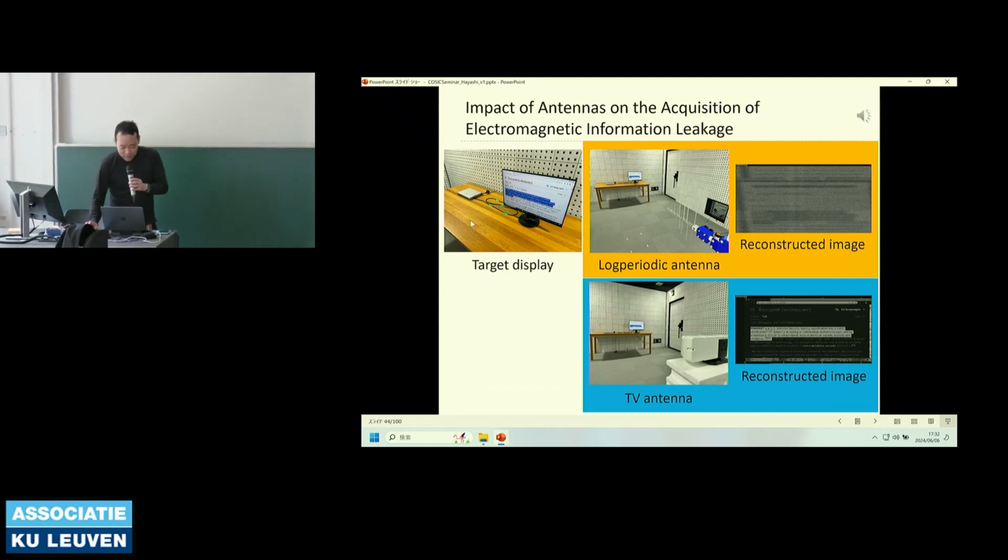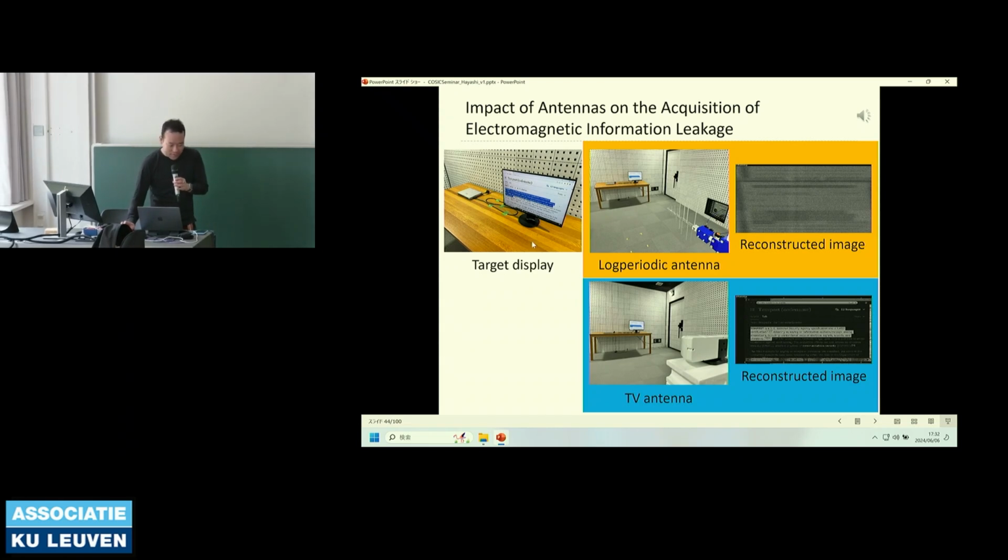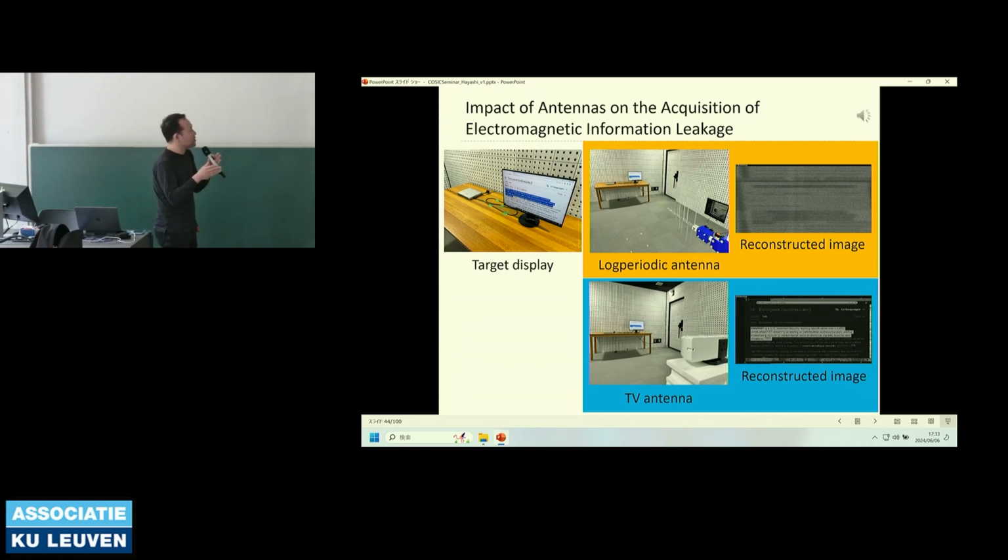In this experiment, the example target is a display, and the result is clear. The TV antenna is customized for a special frequency. Sometimes a cheap antenna is better than an expensive antenna. Please consider which frequency is the leakage frequency.